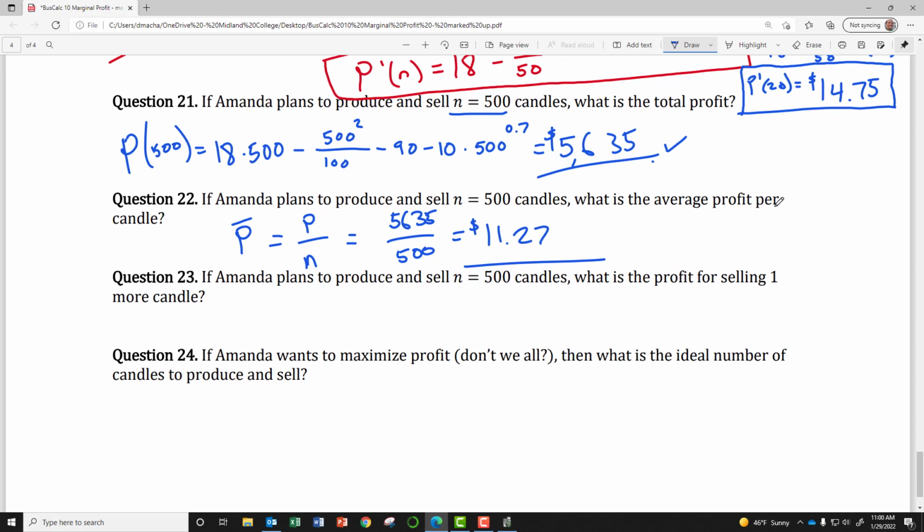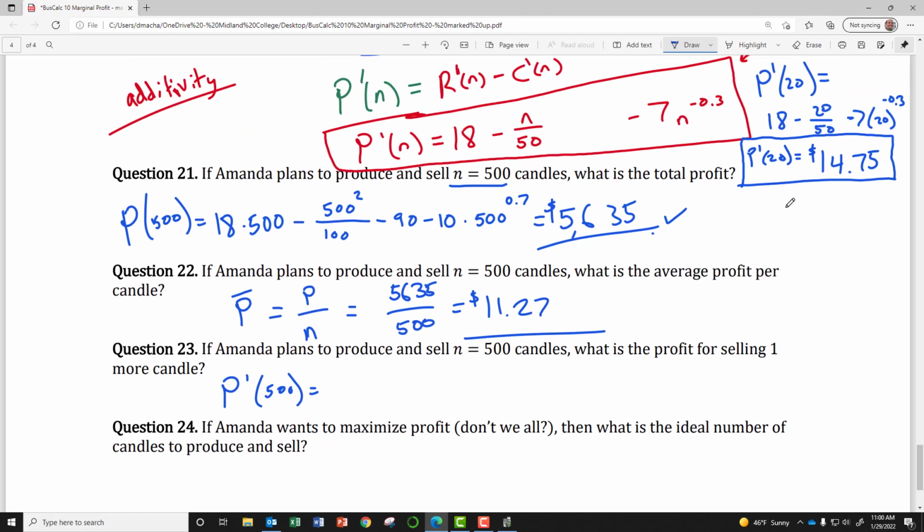And the profit for selling one more candle would be our marginal profit evaluated at 500. So our marginal profit formula, that was 18 minus n over 50 minus 7 times n to the power negative 0.3.